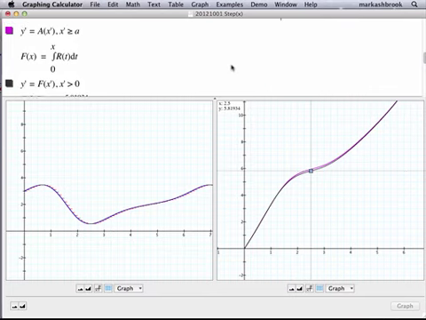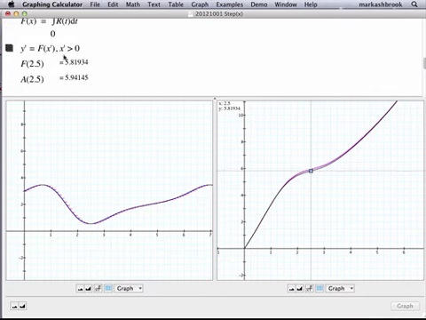There are the two values. I was doing it by tracing on the graph, but you can just put f of 2.5, a of 2.5 in the graphing calculator. There are those two values.